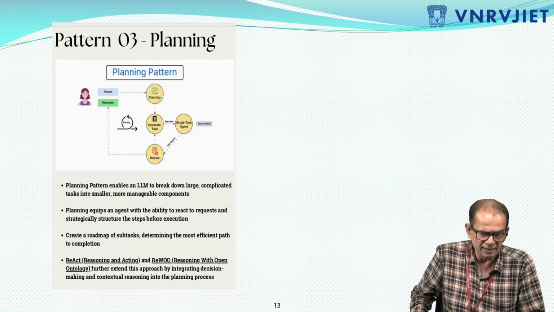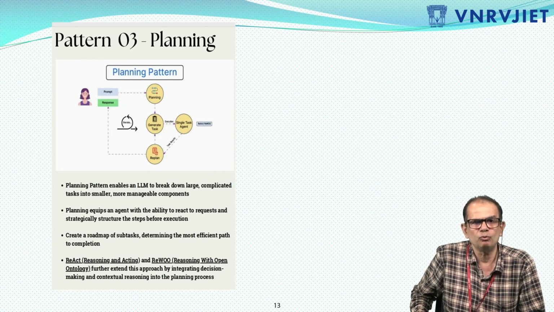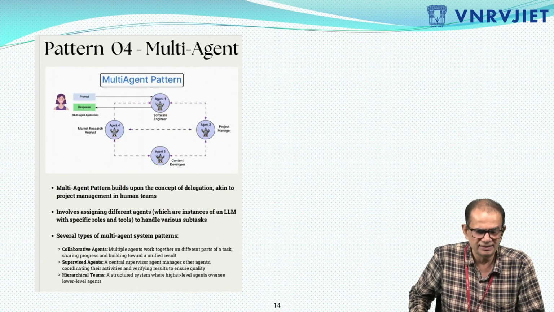Subsequently, we plan it out and process the particular task one by one, and then give the results to the user. So the task runs from first, second, third, fourth, however many processes it has, and the result is obtained at the end process of the task. This is the planning pattern of agentic AI.